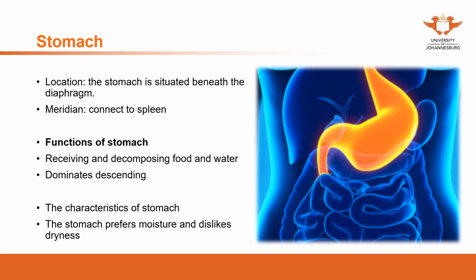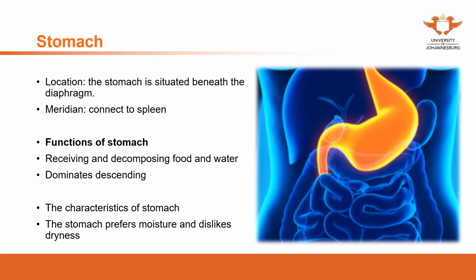The food from your mouth goes to the stomach, and under the function of the stomach and spleen, some of the food is transformed into qi and blood, and the other food and water will be transported, or descended, to the intestine.